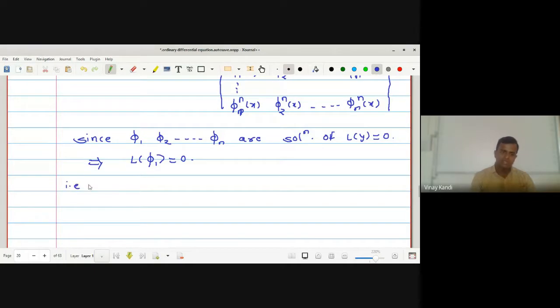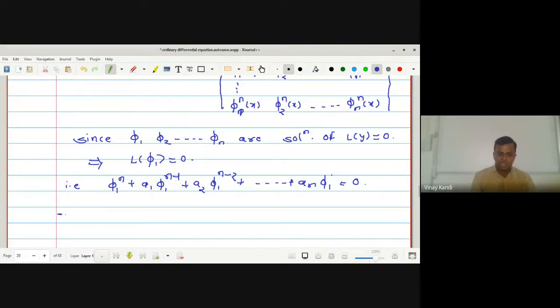That is phi 1 raised to n plus a1 phi 1 raised to n minus 1 plus a2 phi 1 raised to n minus 2 up to so on plus an phi 1 is equal to 0. Okay, so phi 1 satisfies L of y.